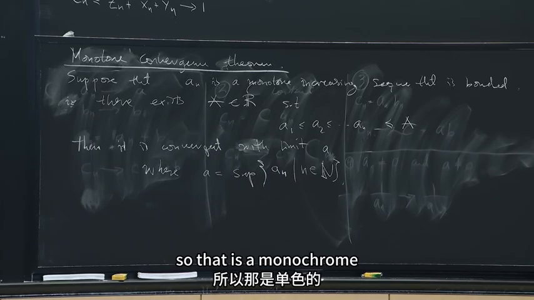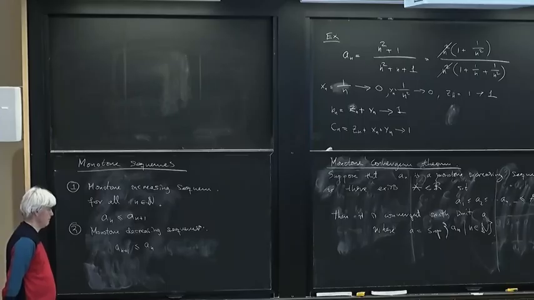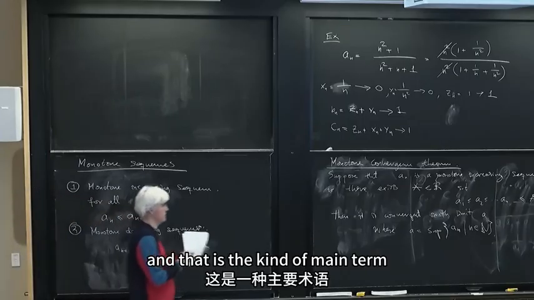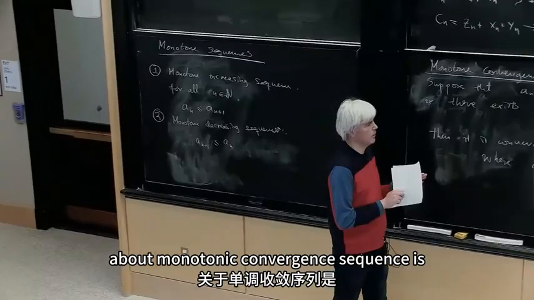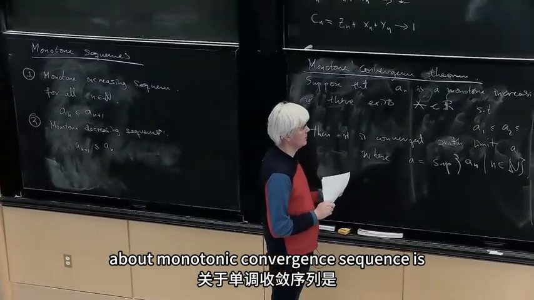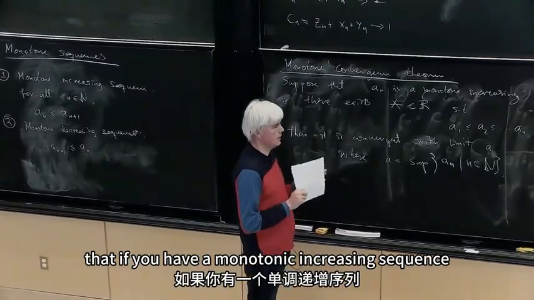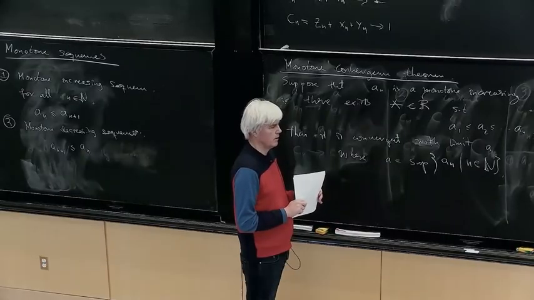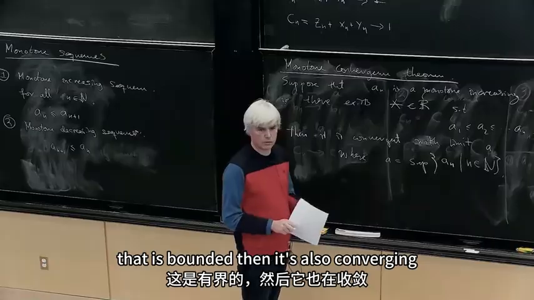So that is a monotone convergence sequence, okay? And that is the main theorem about monotone convergence sequences: if you have a monotone increasing sequence that is bounded, then it's also convergent.